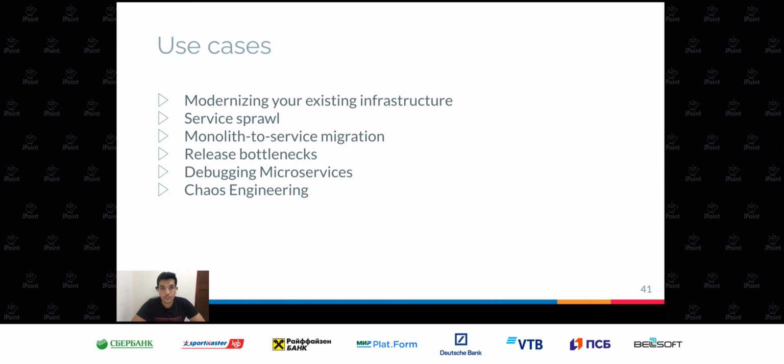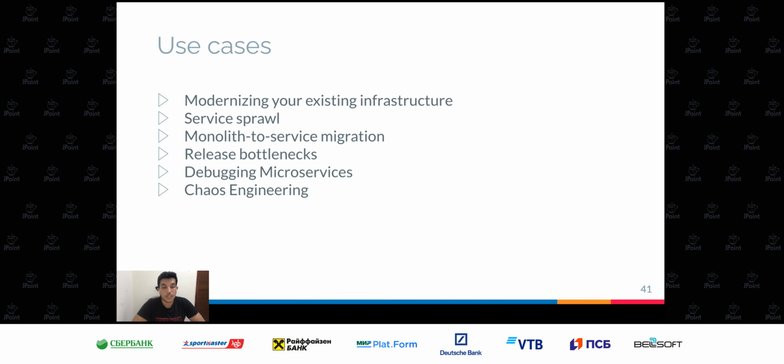Another amazing use case for using service mesh is when you have many services, and you don't know how well those services are used and how well those components are behaving. So using the observability features of service mesh helps you to understand how your application is behaving.